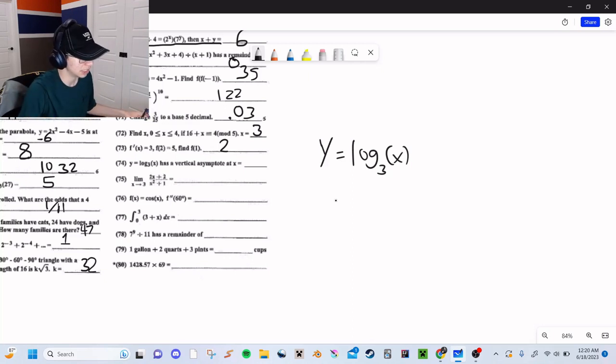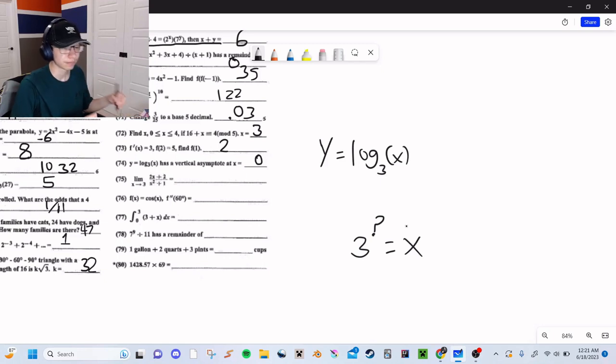And that value is going to be 0, and here's why. Let's think about what log means again. What this is saying is 3 to what power gives me x? And why 0 works is because I'm saying 3 to what power gives me 0. There is no such number.